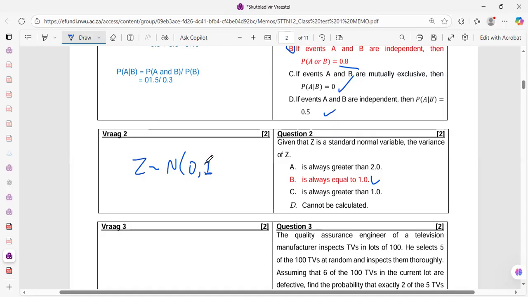So the mean is 0, the variance is 1. That's the reason why they say that it's always equal to 1, not greater than 1. So yeah. Okay, what's the other one?